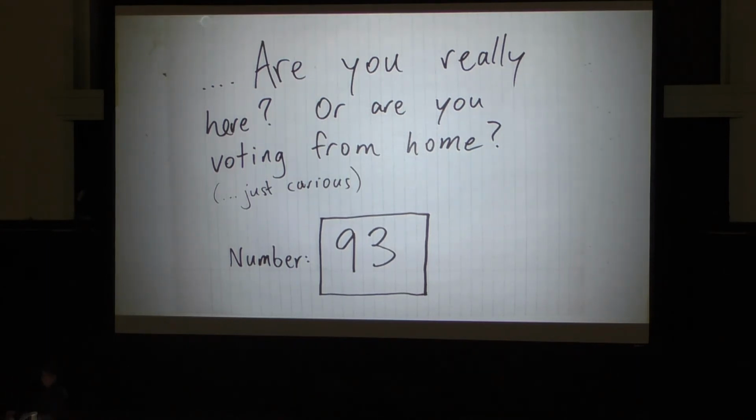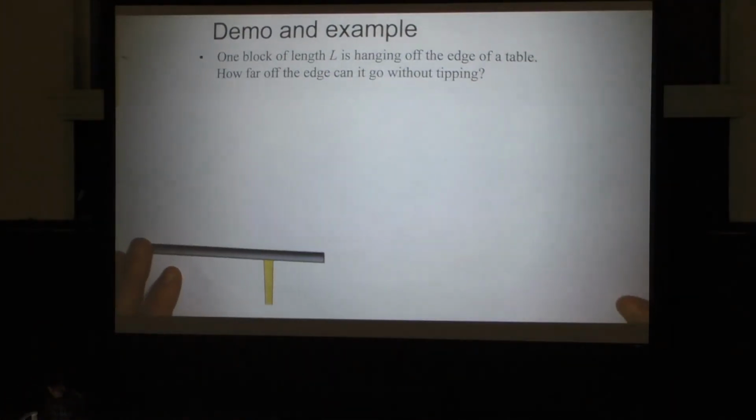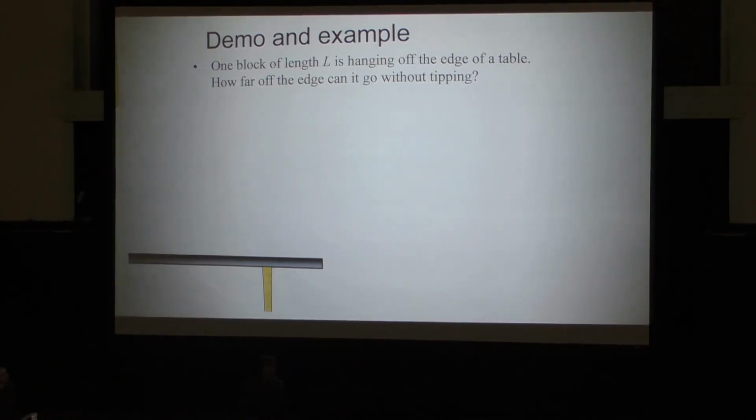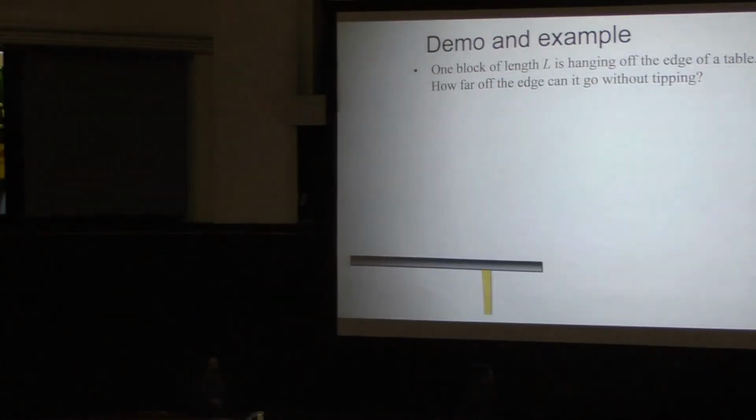Okay. Just silly. So, next thing I want to do is consider a block of length L hanging off the edge of a table. How far off the edge can I hang it before it falls? We'll do the demo twice. First one, he's labeled the half point.